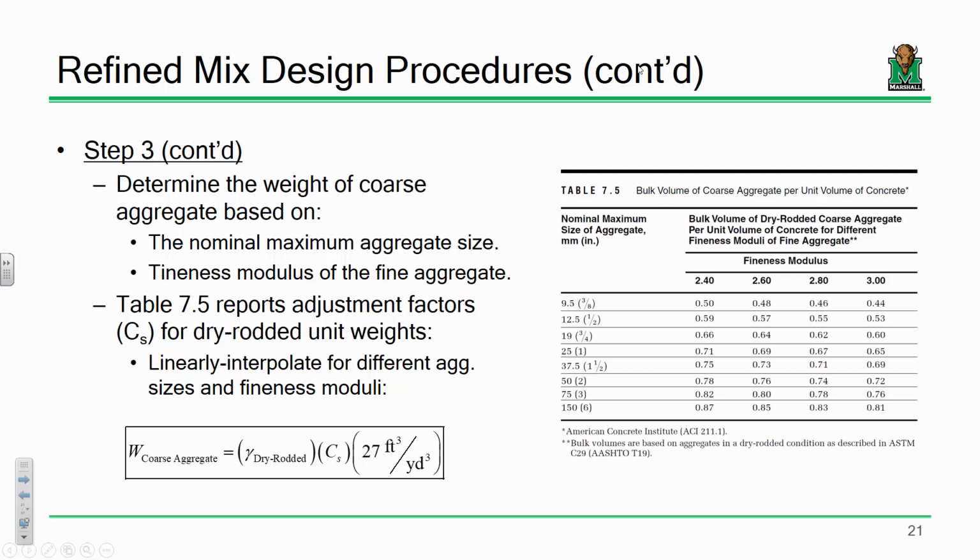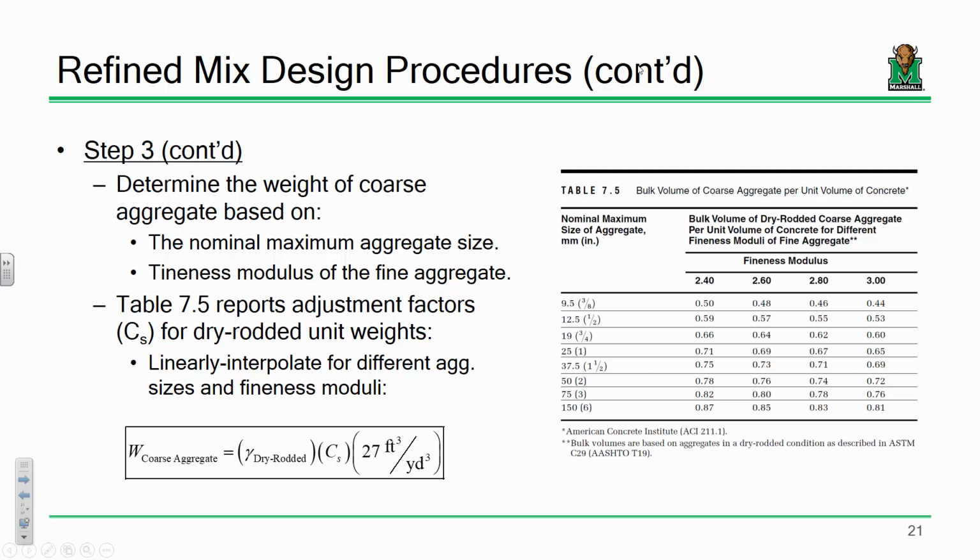So the way that we measure that is as follows. Based on your nominal max aggregate size and your fineness modulus, see, now it's starting to pop up, right? We adjust how much coarse aggregate goes in the mix. And the idea is, the finer your sand, the less coarse aggregate you need.